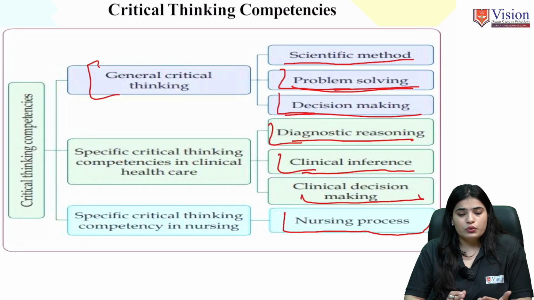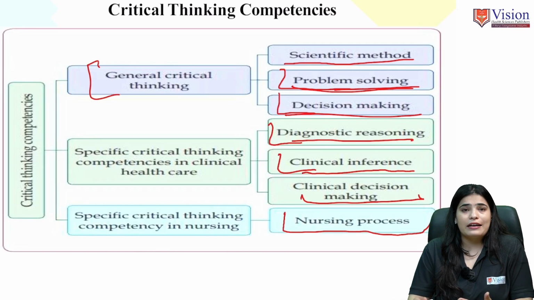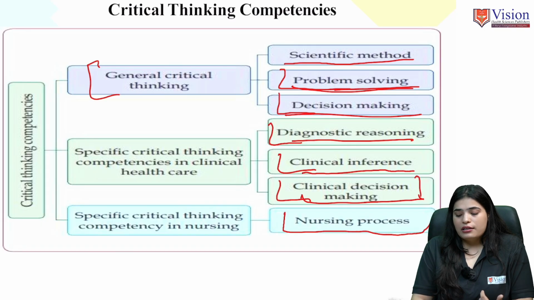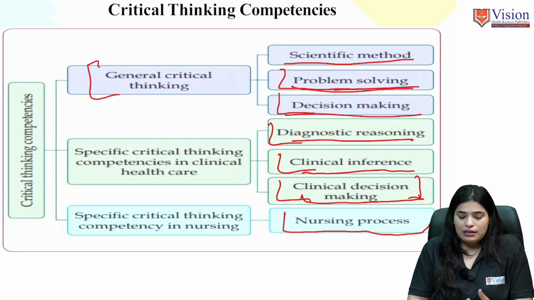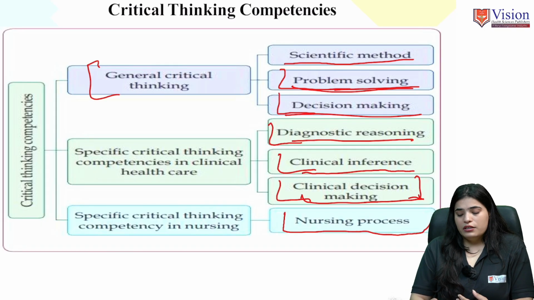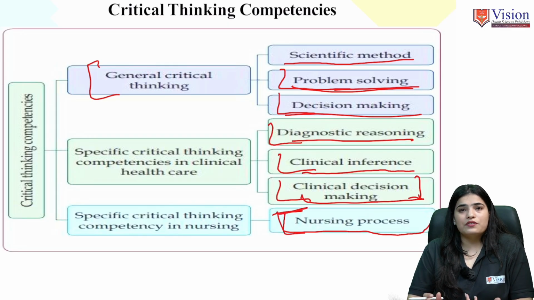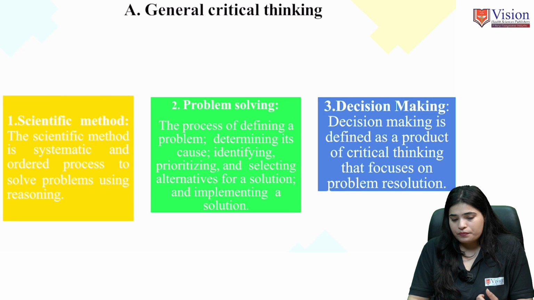Okay, we are using clinical evidence, research results, lab results for that. And after that, on the basis of all those clinical results, we are making the clinical decision. And the last one is specific critical thinking. Here we are using the nursing process. And as you know, the nursing process includes steps: assessment, diagnosis, goals, planning, implementation and evaluation.